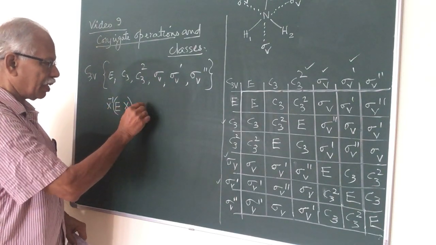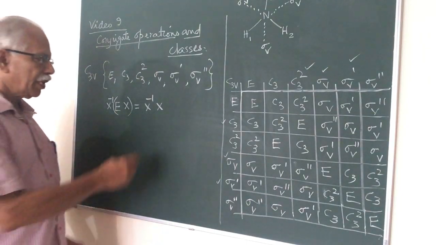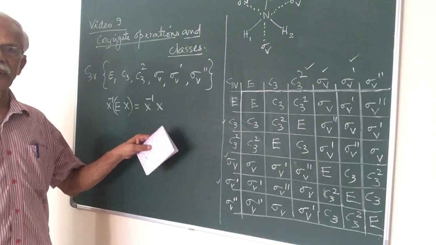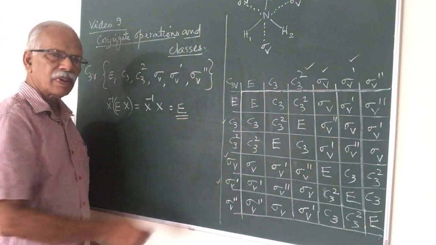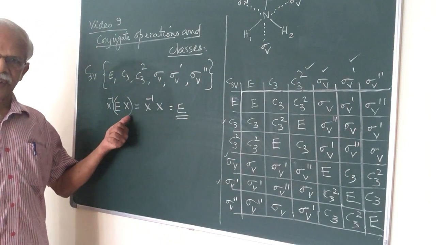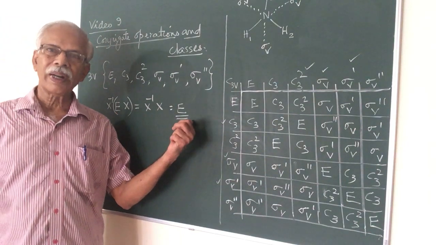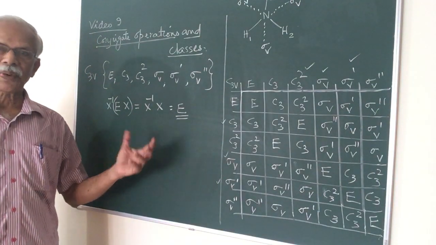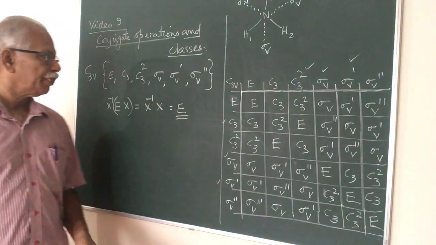So this is essentially X inverse X. Inverse is such an operation that it combines with the original operation to give identity. So whatever be the operation X, identity is conjugate only to identity and nothing else. Therefore, identity always forms a class by itself.